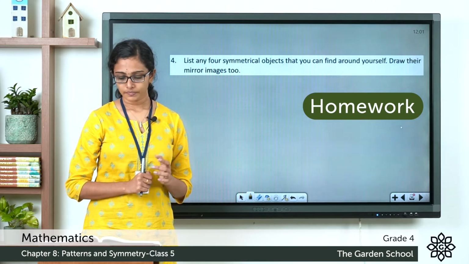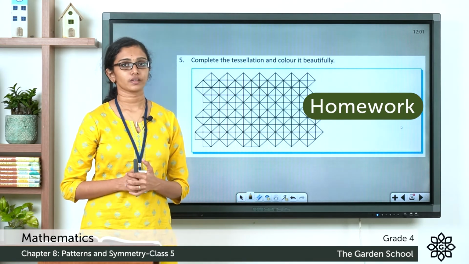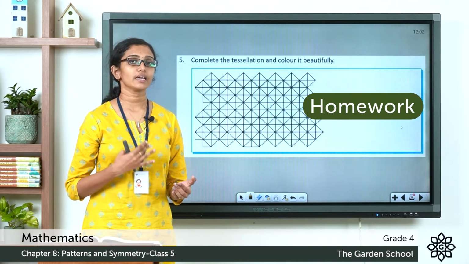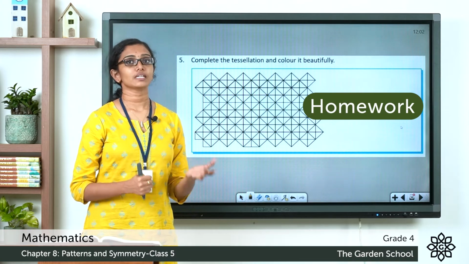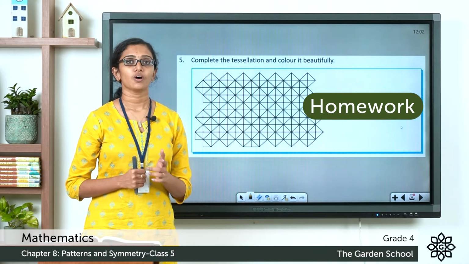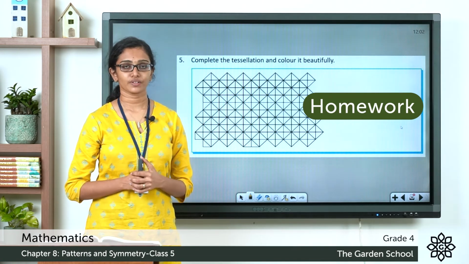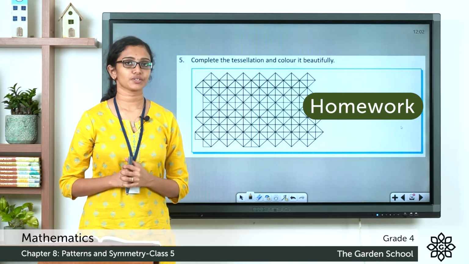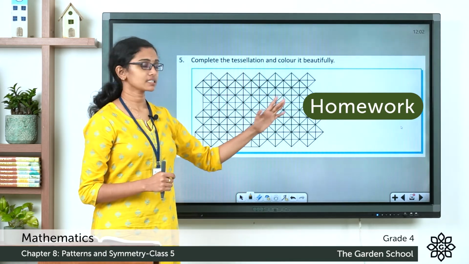Now the next one: complete the tessellation and color it beautifully. So what is a tessellation? When you create a design by the repetition of geometric shapes without any gaps or overlaps in between, you call it a tessellation or a tiling. And we have seen different examples of tessellation. Here one tessellation is given and a space is also provided there to complete the tessellation.